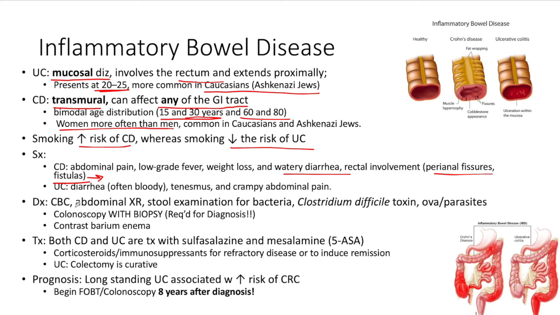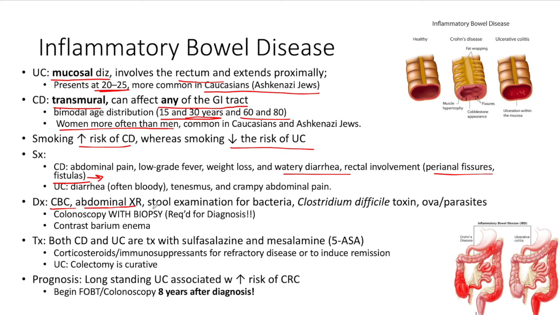For diagnosis here, CBC, we can look for a white count, and abdominal X-ray. Abdominal X-ray we want to do in our patients with ulcerative colitis. Why? What are we looking for? Very good, excellent. Toxic megacolon, something where we need to quickly go to surgery to remove the colon.